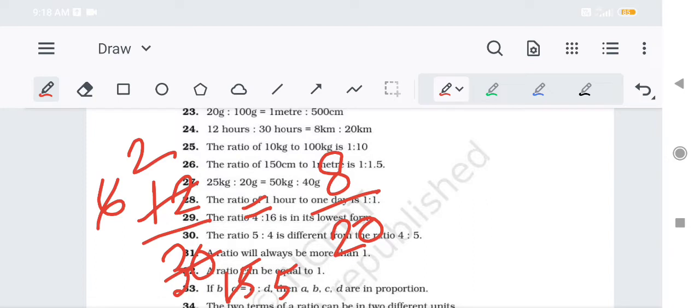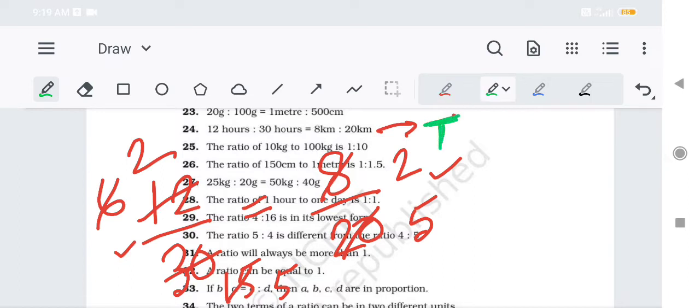First one is coming 2 by 5. Second one is also coming 2 by 5. We have reduced it by 4 and we have reduced it by 6. So see here we are getting both the fractions equal, so this statement is also true. Let's come to the next sum.